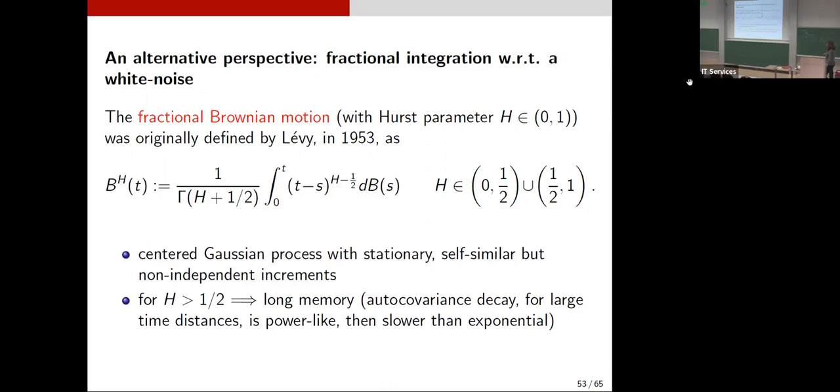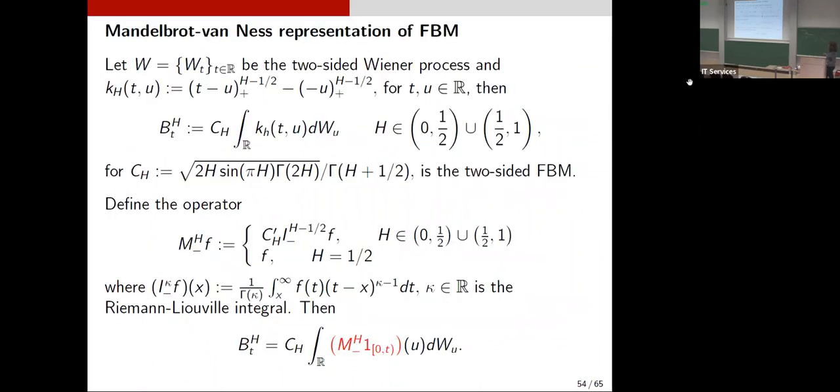And for H greater than 1/2, it possesses long memory, which means that the autocovariance decay for large time distances is power-like, so slower than exponential. But we will refer to a more general and a bit more complicated representation of the fractional Brownian motion, which is due to Mandelbrot-Van Ness.